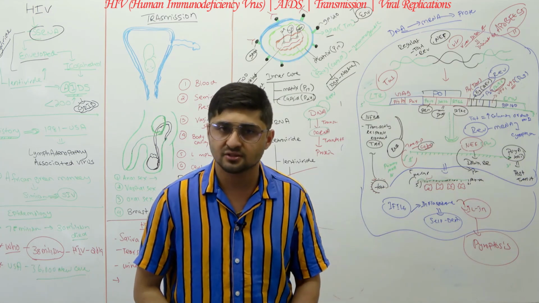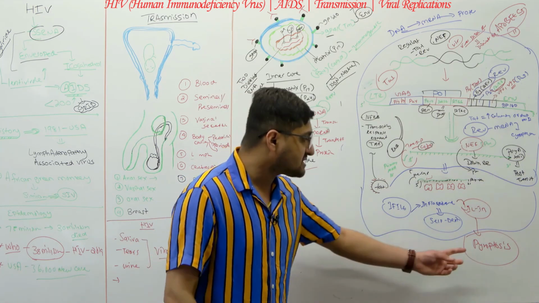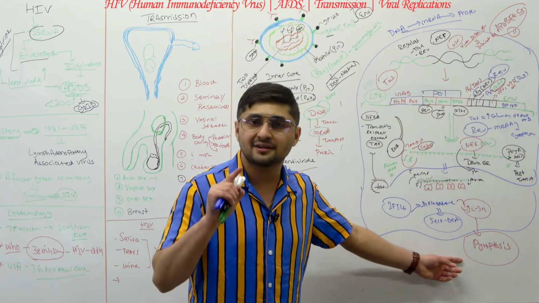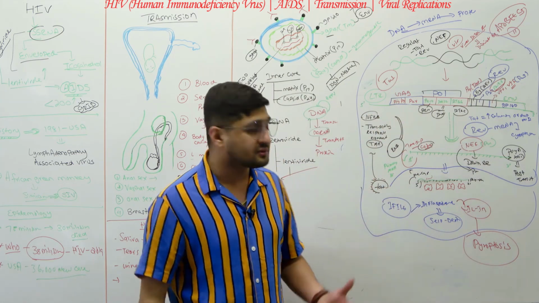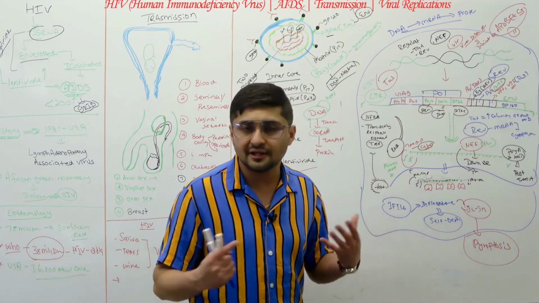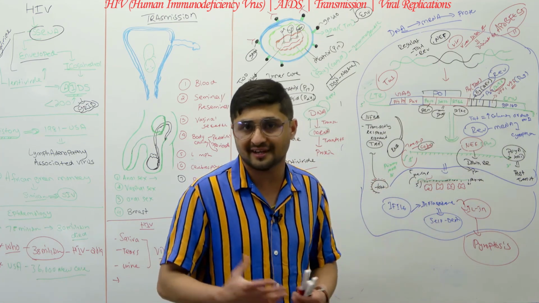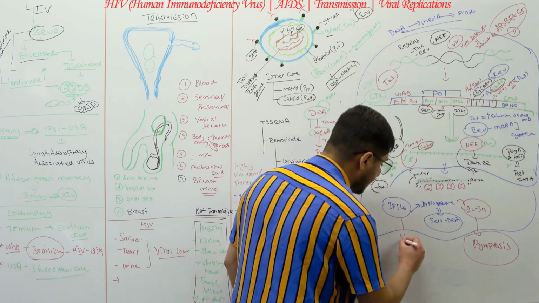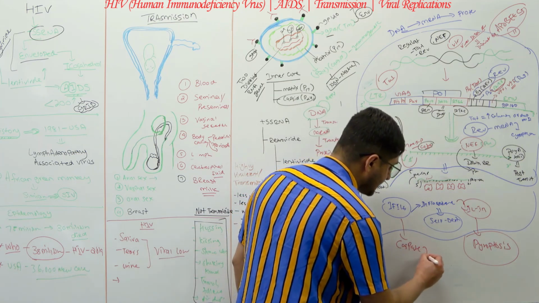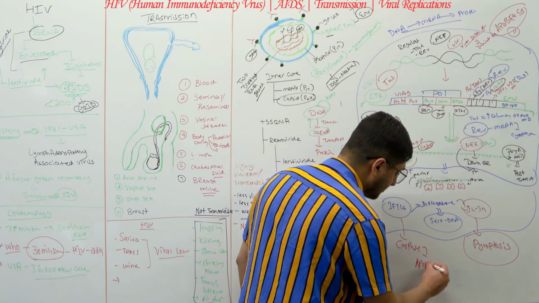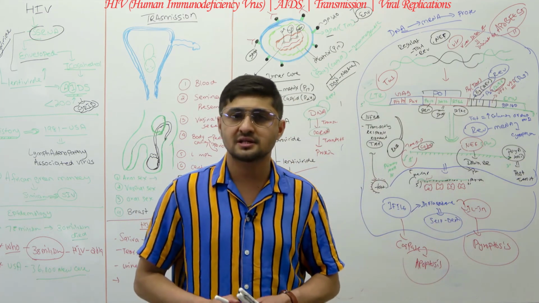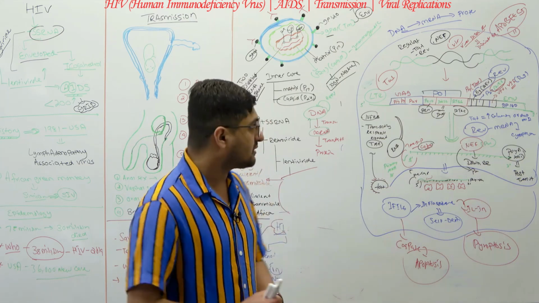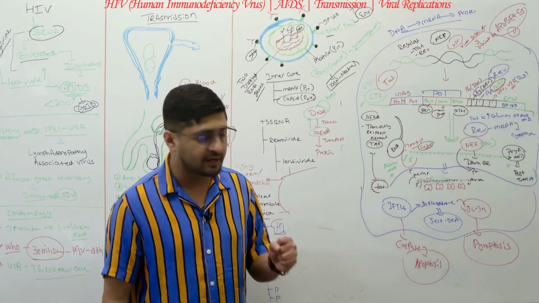Pyroptosis basically means self-destruction of the cell, but due to inflammation. That's pyroptosis. These cells also sometimes lead to activation of caspases, like caspase 1, for example, and that can also cause apoptosis. Apoptosis can also happen in these cells. So this is how the T cells actually die, all right?